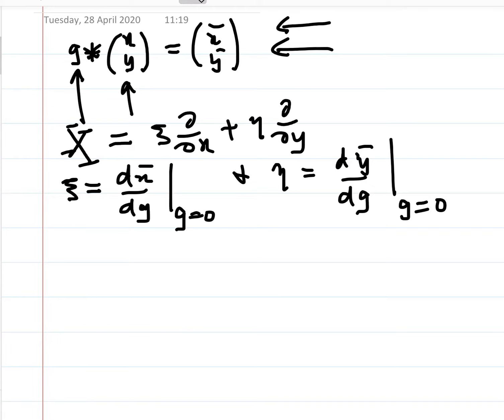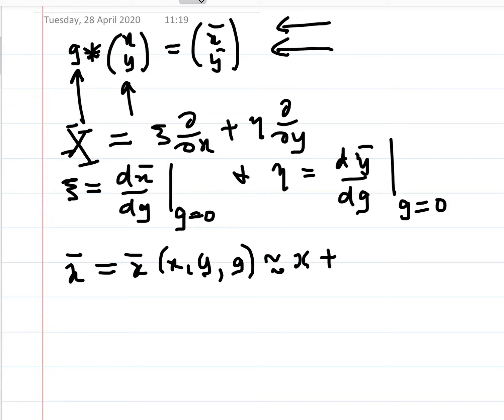We may notice here that x bar is a function of x, y, and the parameter g. If you expand that around x, this can be written as x plus g times the derivative of x bar with respect to g at g equal to 0, plus higher powers of g.